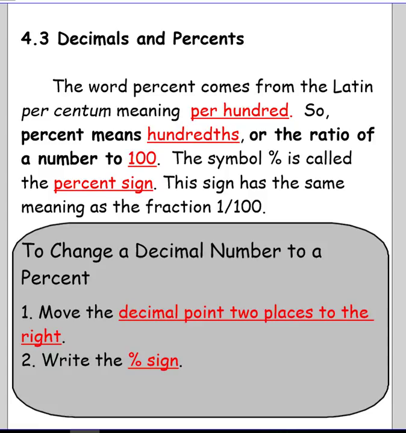The symbol is the percent sign, and the sign has the same meaning as out of 100 or 1 over 100. So when we're looking at numbers, if you want to change a number that's written in decimal form to a percent, you multiply the number by 100, which means moving the decimal point 2 spaces to the right, and then adding the percent sign.